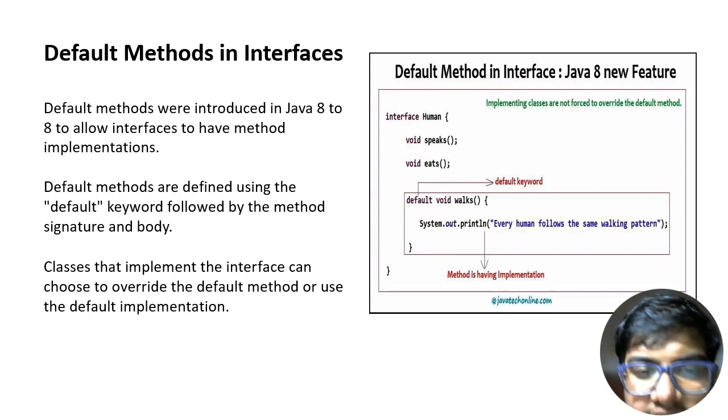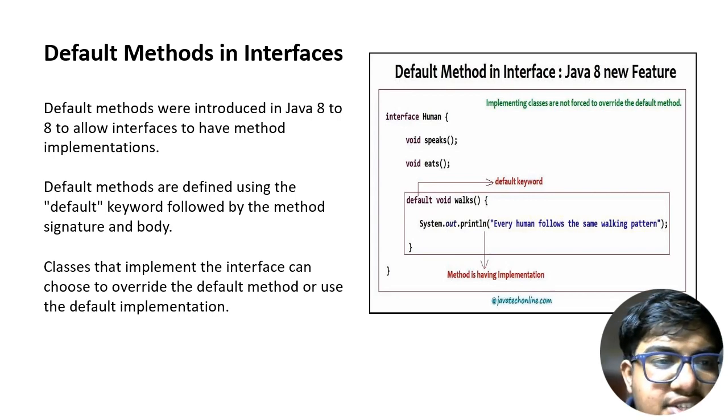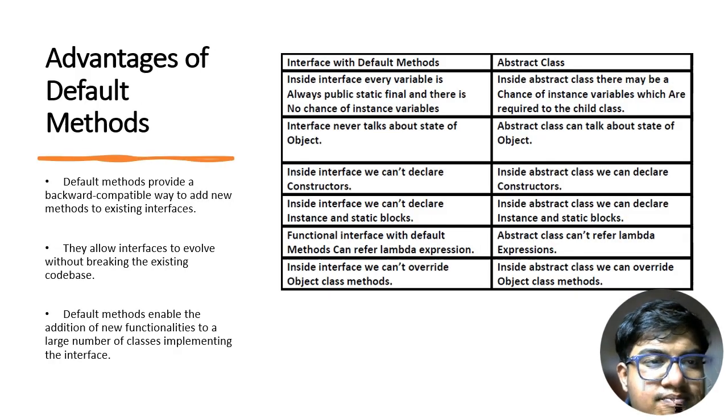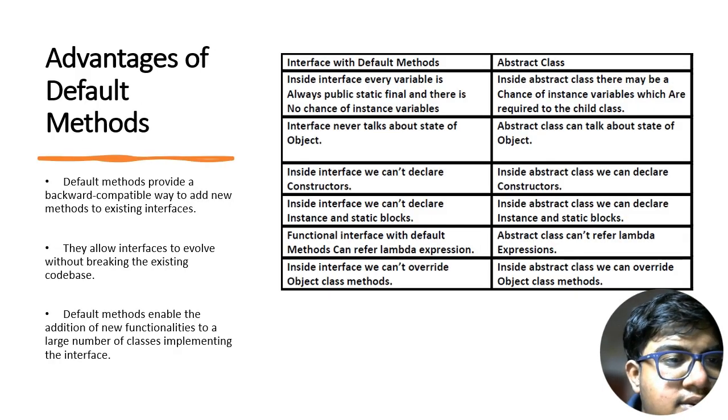So default methods are defined using the default keyword within the interfaces, followed by the method signature and body. The classes that implement the interface can choose to override the default method or use the default implementation.